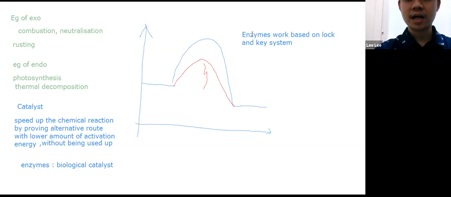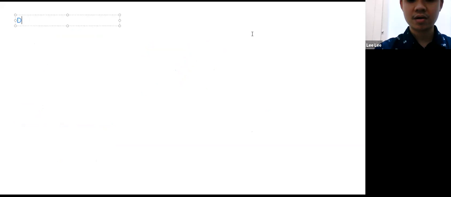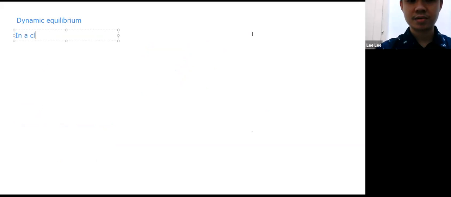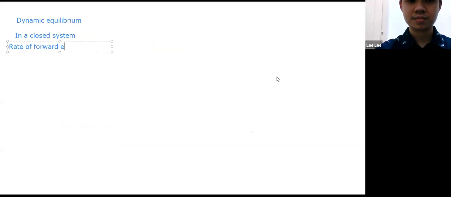Last week we learned about equilibrium, right? Or you can say dynamic equilibrium. So what are the two conditions for equilibrium? For sure you have to be in a closed system, right? So in a closed system, the rate of forward reaction is equal to the rate of backward reaction.